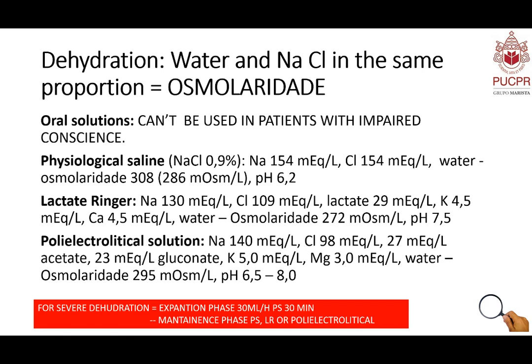The patient has 300 milliosmoles per liter, and you don't want to change that. You only want to give the patient water and sodium chloride in the same proportion. So let's look into these solutions and see which of them helps us.